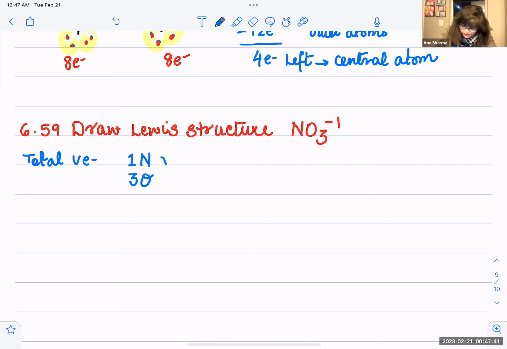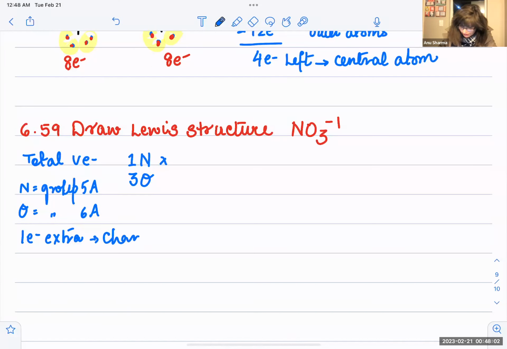Nitrogen is in group 5A, and oxygen is in group 6A, and then there is a charge, 1 extra electron, which we are going to account for. So nitrogen has 5 electrons, oxygen has 6 electrons, right?